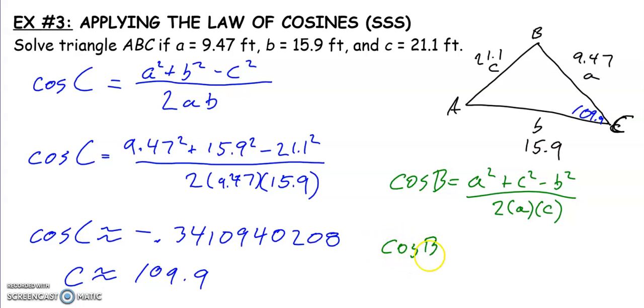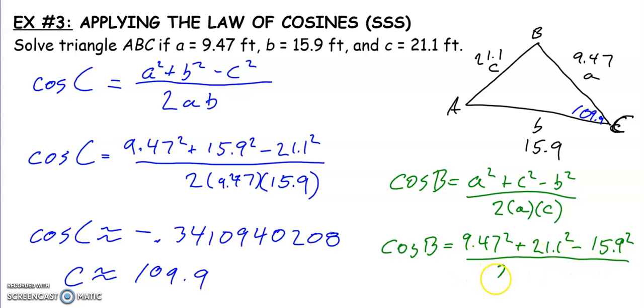So the cosine of angle B is going to be 9.47 squared plus 21.1 squared minus 15.9 squared all over 2 times 9.47 times 21.1.